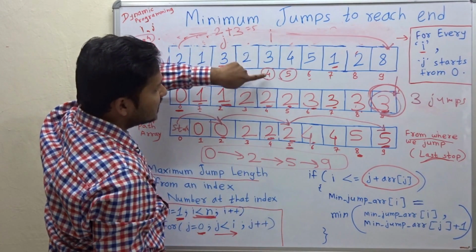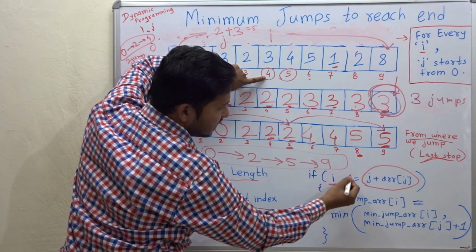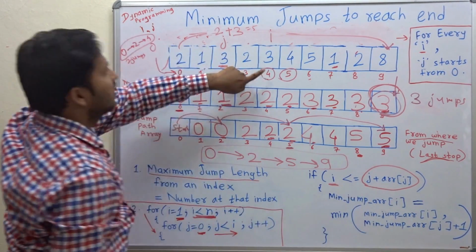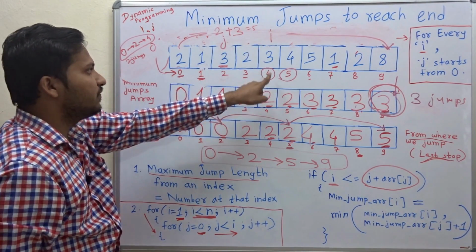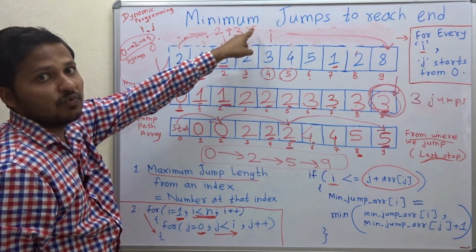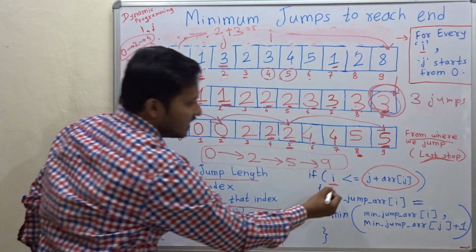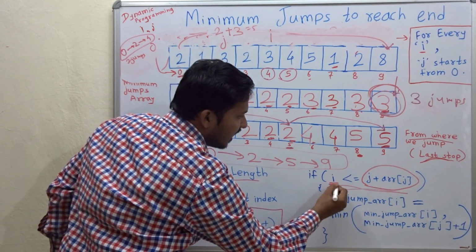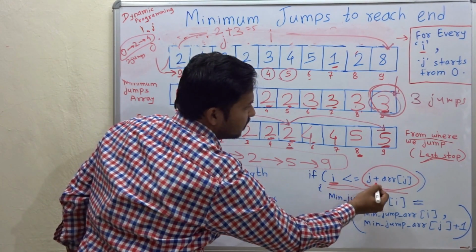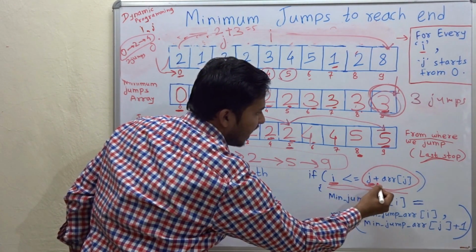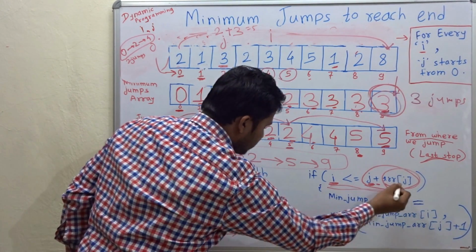So if I is less than or equal to 5, as I is 4 here, 4 is less than or equal to 5, that means I is in range of j. That is what we are checking here, whether I is in range of j. We are checking that by adding the value at j.